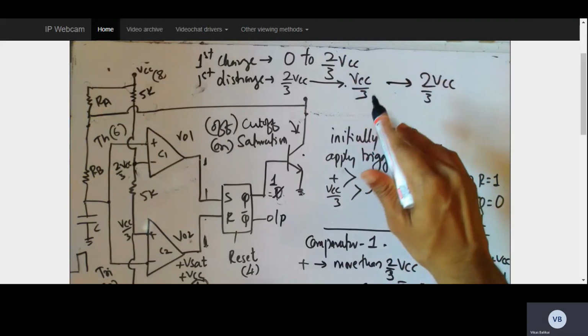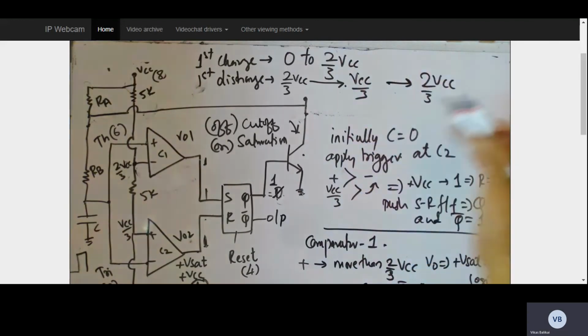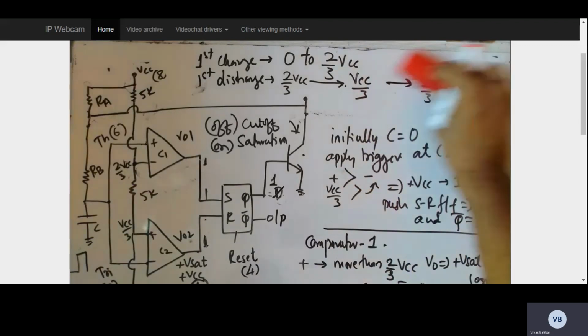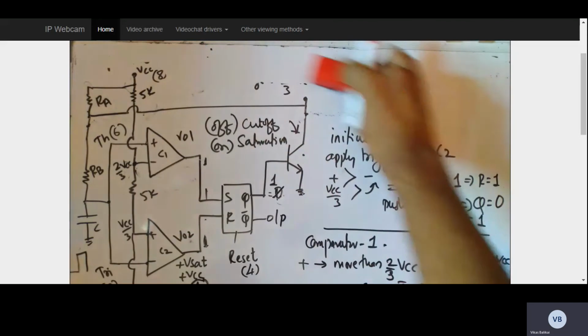Again discharging will happen from 2 by 3 VCC to VCC by 3. This will continue. At the initial level only, the charging will happen from 0, but in the next phases the charging will go from VCC by 3 till 2 by 3 VCC.